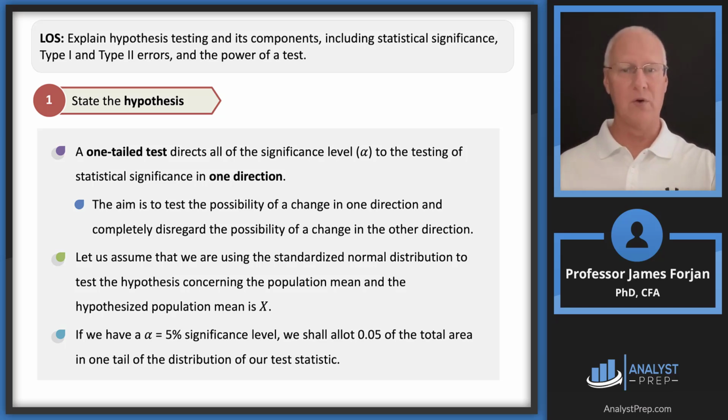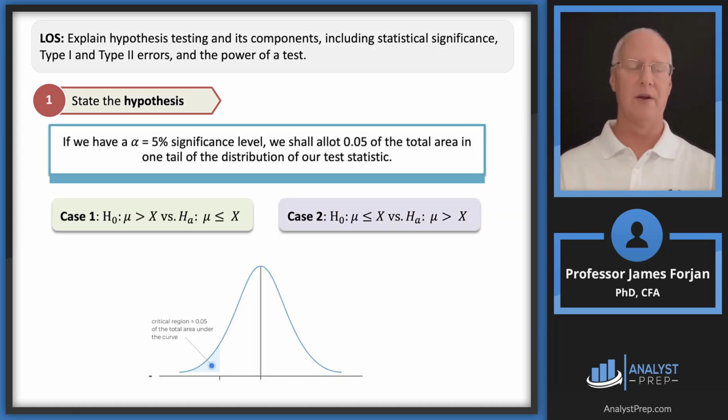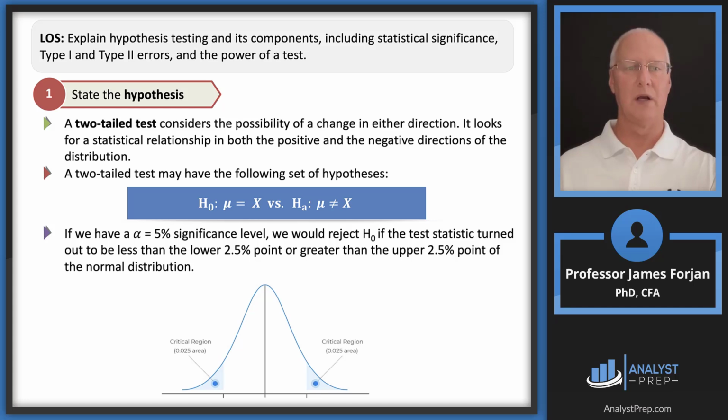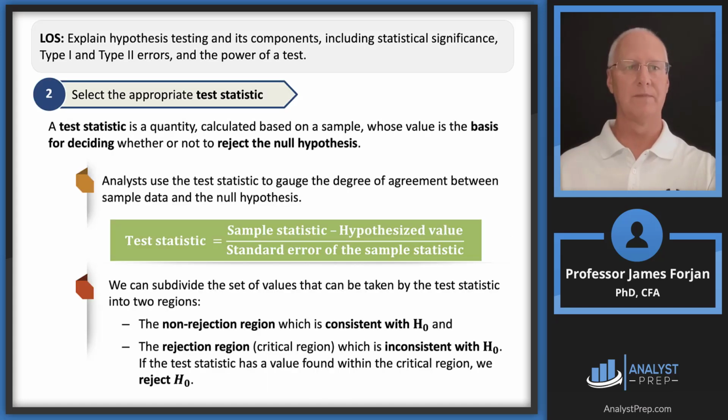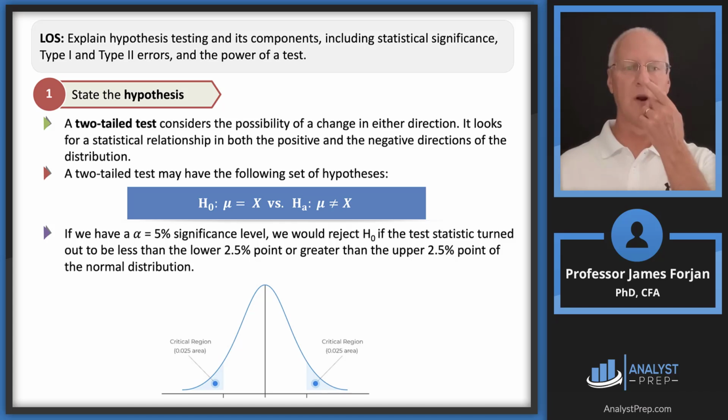Now, we're going to probably standardize this normal distribution, and I'll show you that here in just a second. So here, stating the hypothesis that we have case 1, case 2. Let me go to case 3 here real quick. Whoops, I went too far.